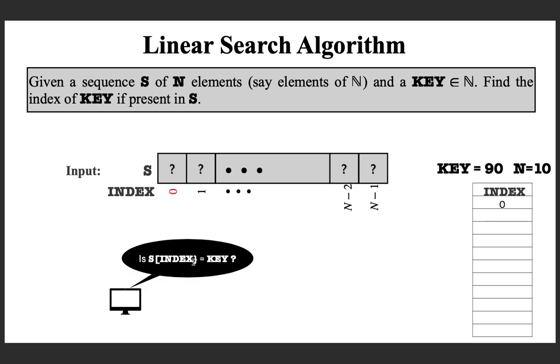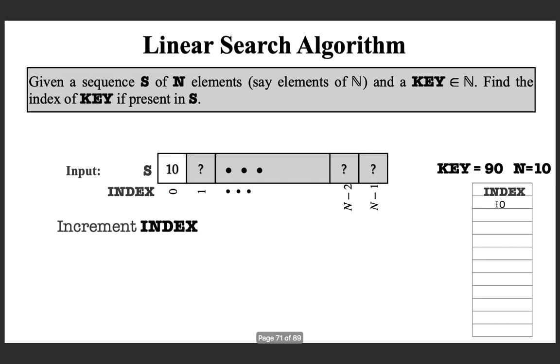Okay, this should be a square bracket, sorry for that. If it is the same, you can print it. But in this case, suppose it is 10. You are searching for 90. So these are not matching. So you increment index and go to the next position.